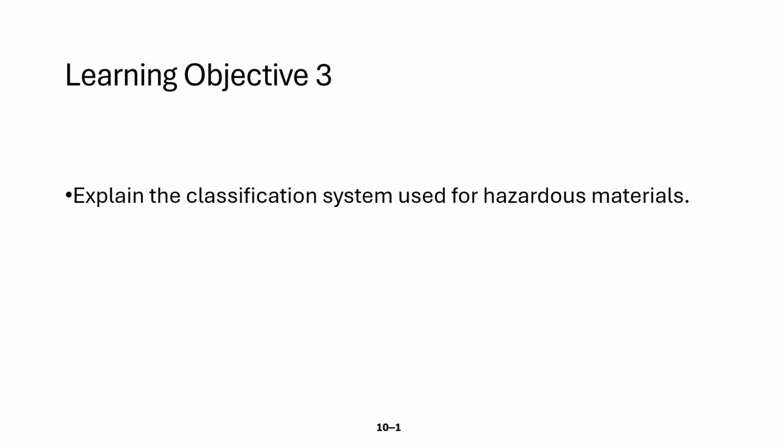Okay, objective number 3 from the hazardous material chapter 10 deals with how we're going to identify and classification systems used for hazardous material.